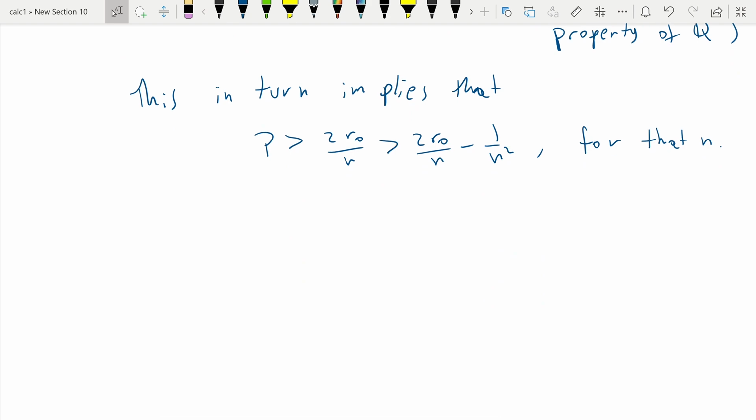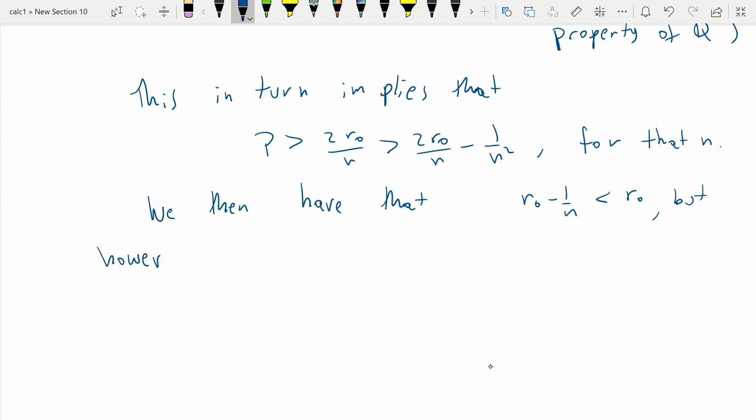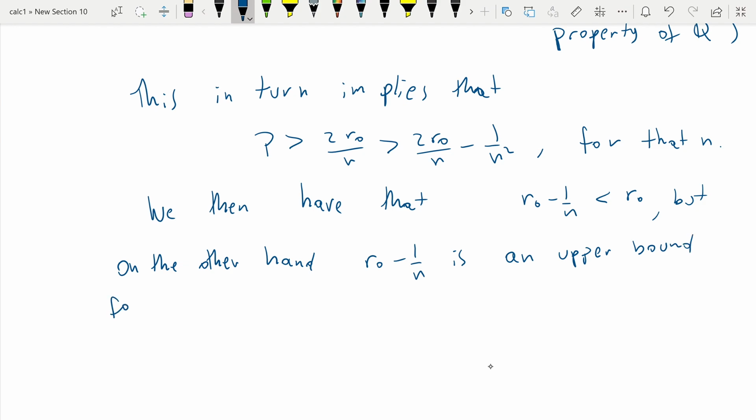Okay, but we have that R naught minus 1 over n is smaller than R naught. However, on the other hand, this R naught minus 1 over n is an upper bound for A.